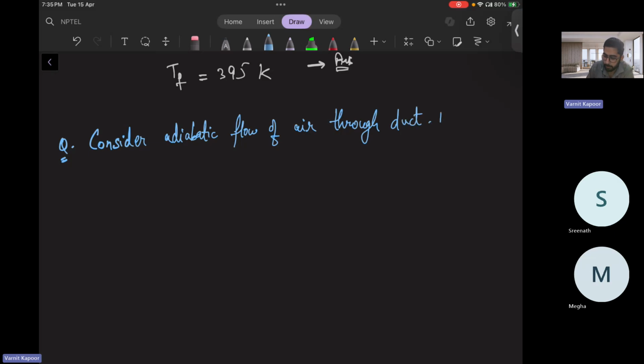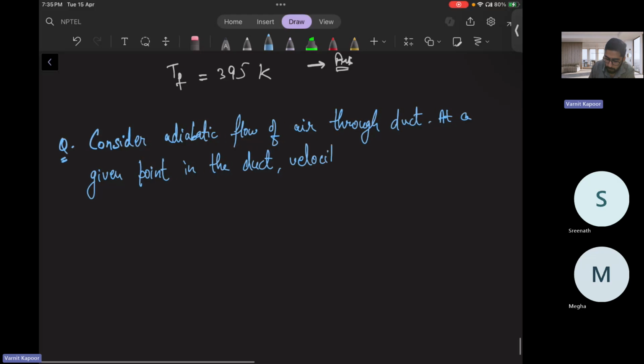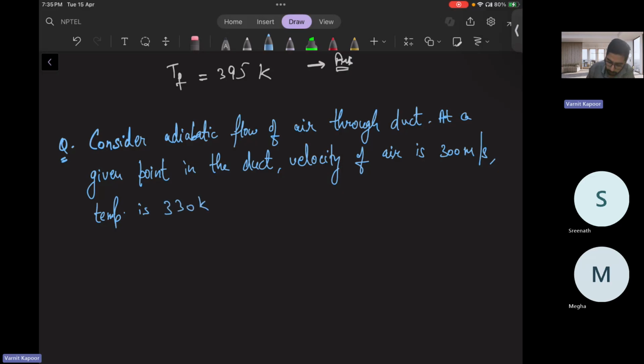At a given point in the duct, the velocity of air is 300 meter per second, temperature is 330 Kelvin, and pressure is 180 kilopascal.